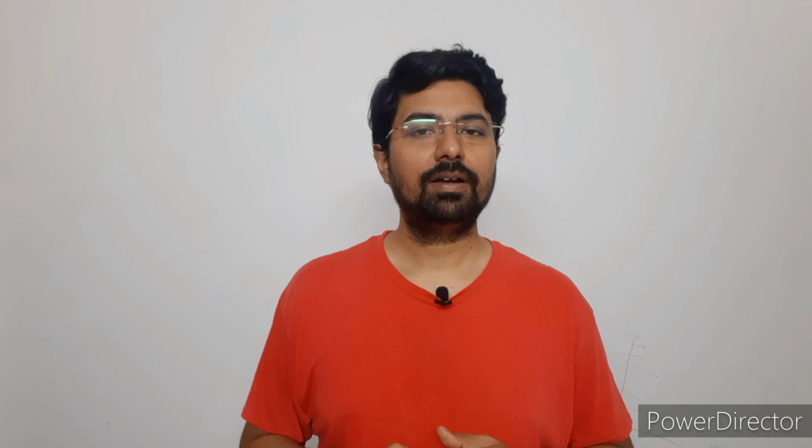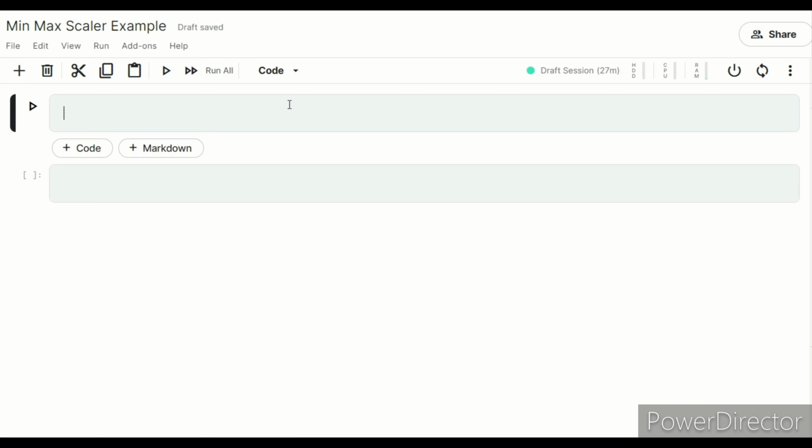Now let's see one example using the scikit-learn preprocessing library and calling the MinMaxScaler method to see how my data is rescaled to the 0 to 1 range. Let's first import the MinMaxScaler from the scikit-learn preprocessing library.